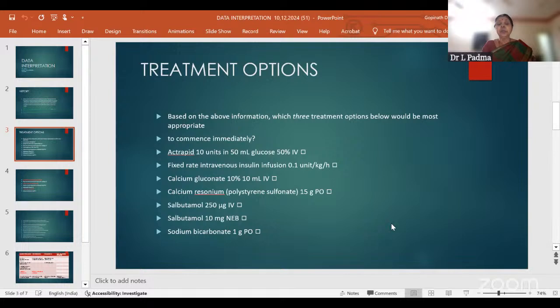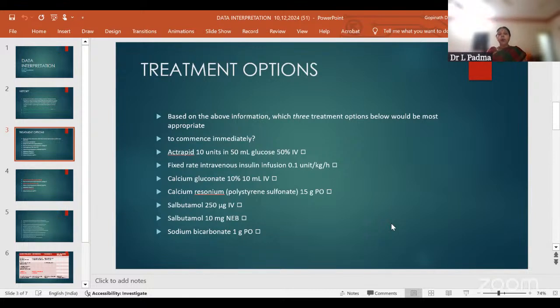Or should we give intravenous insulin infusion 0.1 unit per kg per hour? Can we give calcium gluconate IV or calcium resonium 15 grams orally? Or salbutamol 250 micrograms IV or 10 mg nebulization, and lastly sodium bicarbonate.